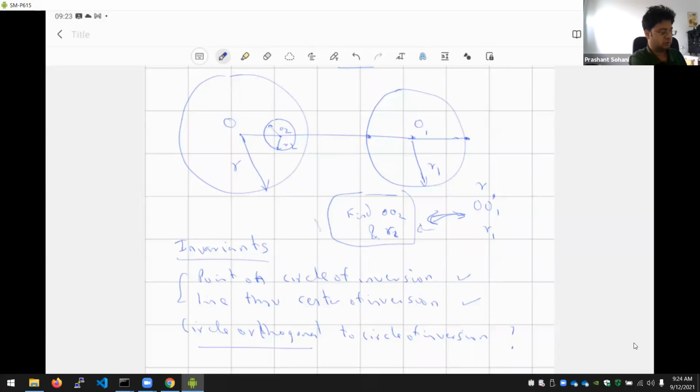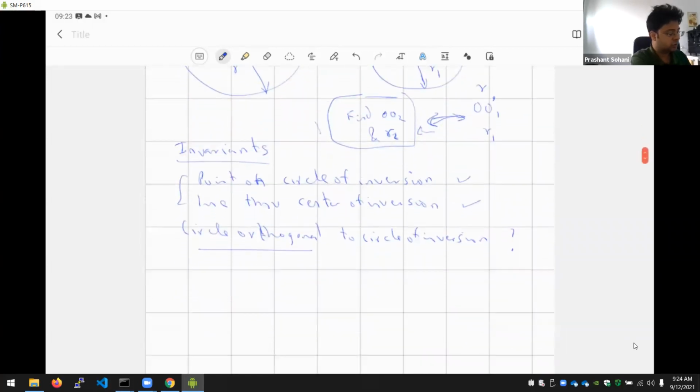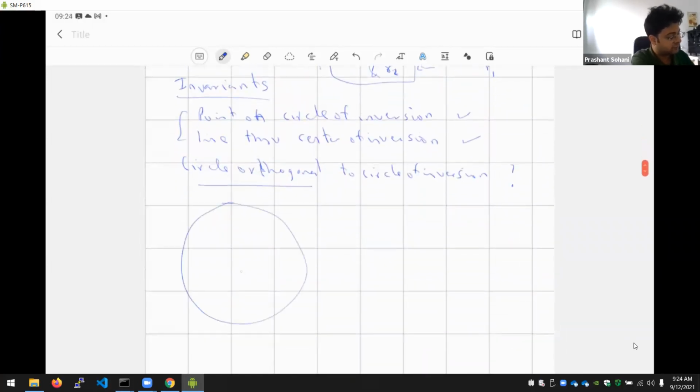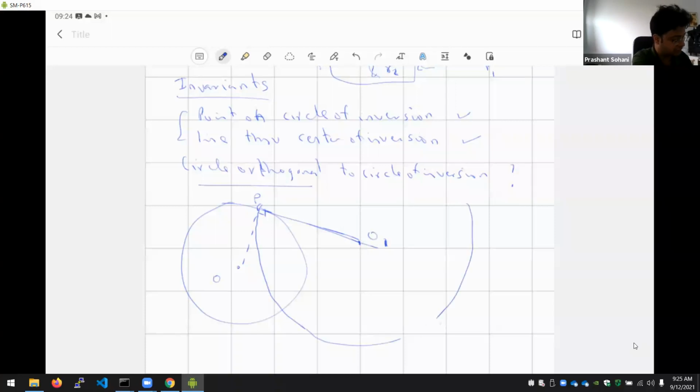So if you have a circle which is orthogonal to your given circle of inversion, to construct an orthogonal circle, what do I need to do? If I take any point P on my given circle, I draw a tangent over there, and on this tangent line I can choose the center anywhere. If I choose the center O1 here, and then the circle with radius O1P, this is my circle, which is orthogonal to the given one.